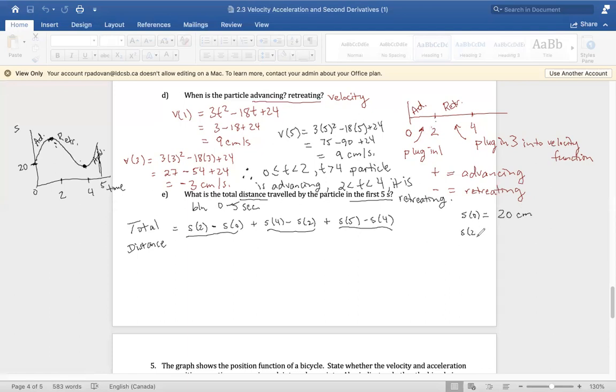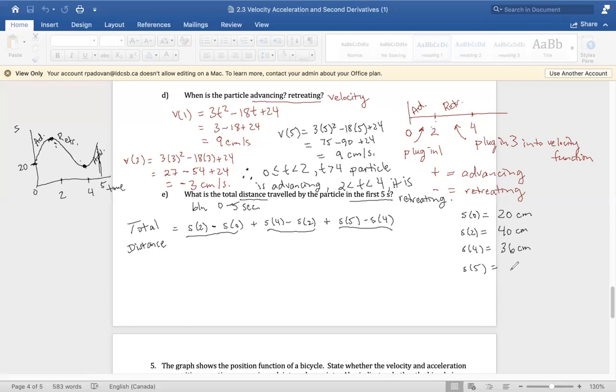Then S at 2, which I have from A, is 40. And then S at 4, again from A, is 36. And then S at 5, which is nice, we just did that randomly for D. We didn't have to. I have 9.